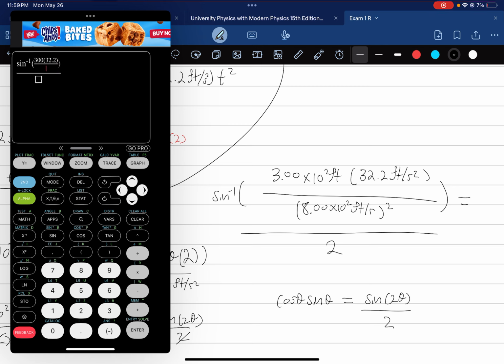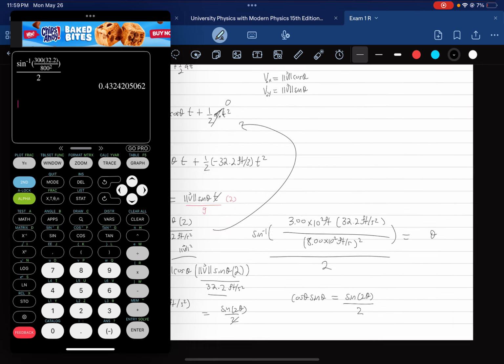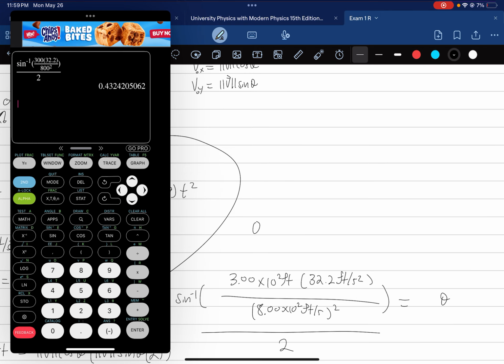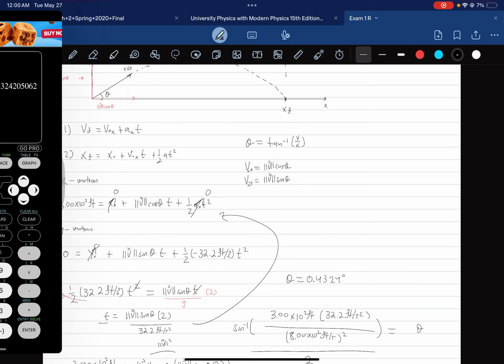Bam. And then let's go to the denominator. This is going to be 800 squared. And the whole thing divided by 2. And we found our angle theta, which is 0.4324 degrees. That's relatively low, actually.